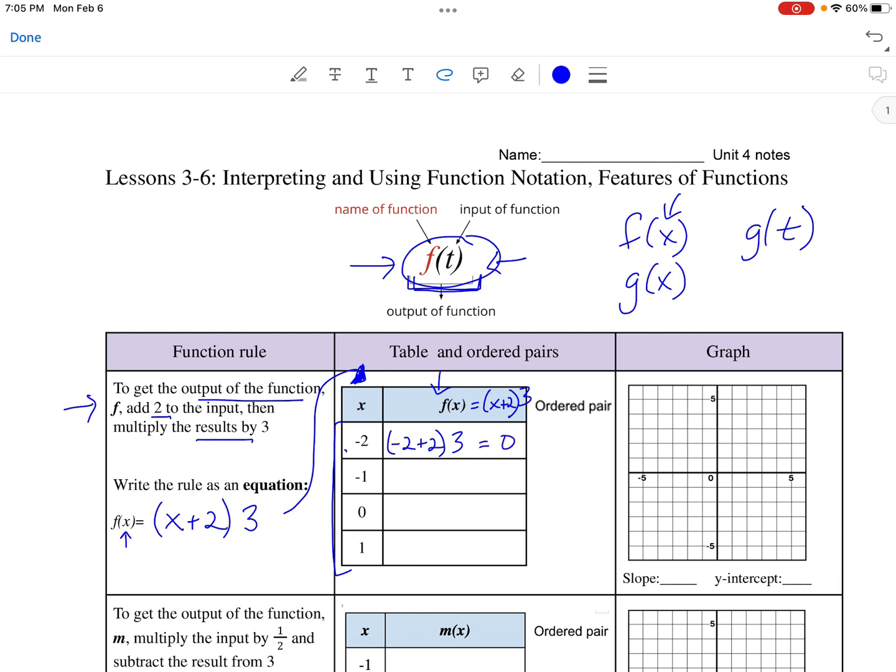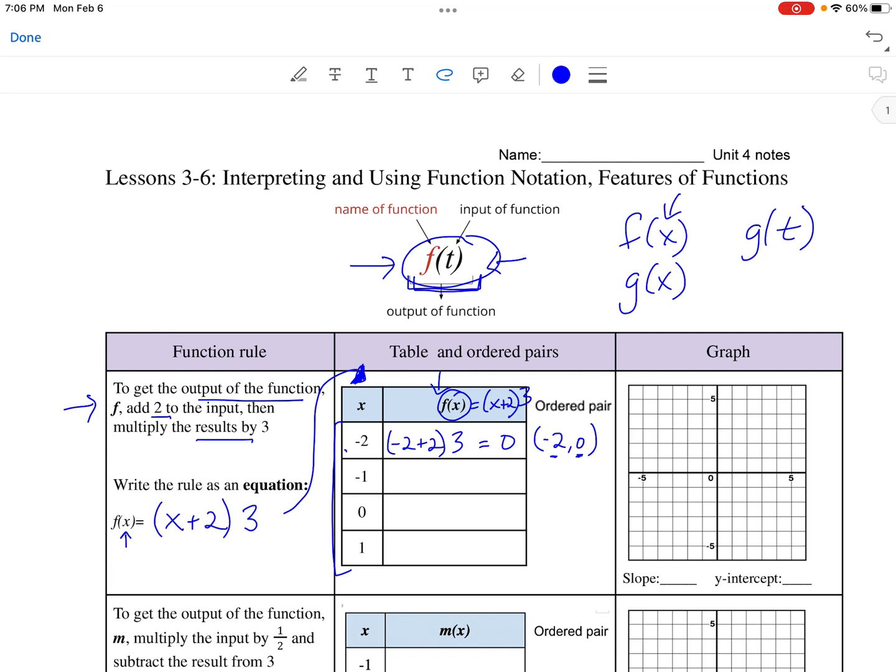And so that, as an ordered pair, would be -2, 0. Right, we always write the input here, or the x, and the output here, which we often have been calling y, but we could also call f of x.